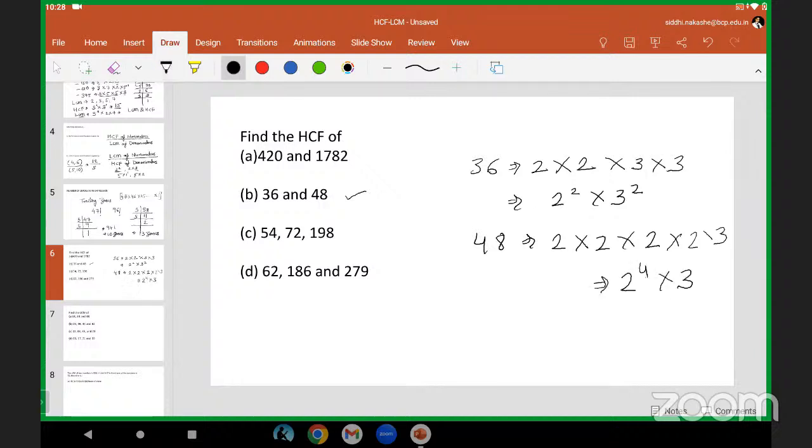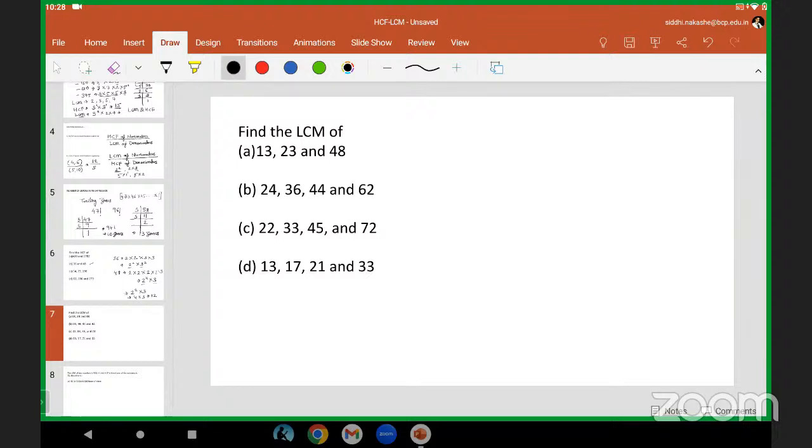Now we'll look for the common numbers. So common numbers are 2 and 3 both. Now we'll select the lowest power, that is 2 raised to 2 into 3, that is 4 into 3, 12. Fine. So we can also solve for other questions as well. So let's look at the example of LCM.